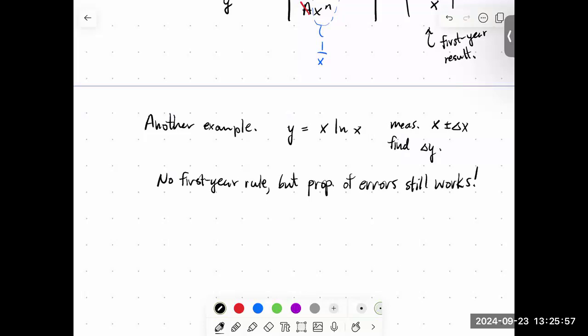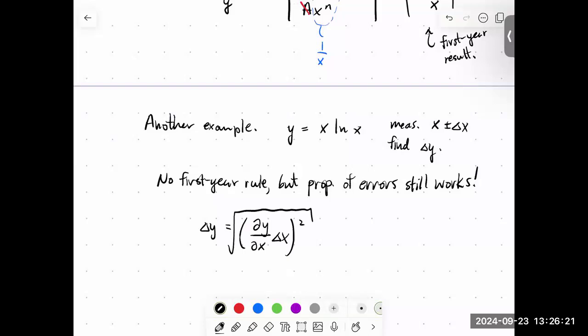All we have to do is say delta y is the square root of dy dx delta x squared. Yeah. Really just has to exist, right? It need not be constant or need not be continuous. Yeah, it just has to exist.